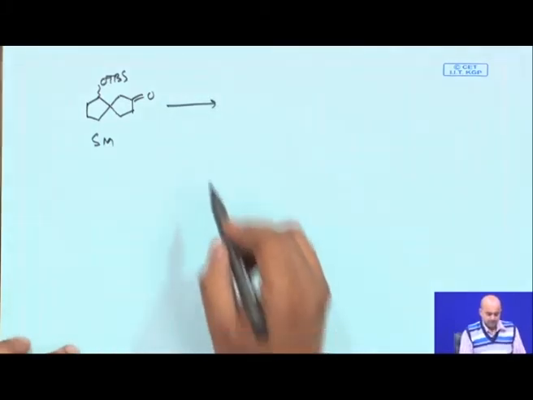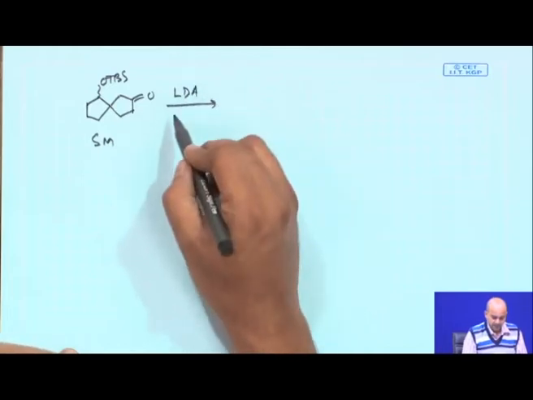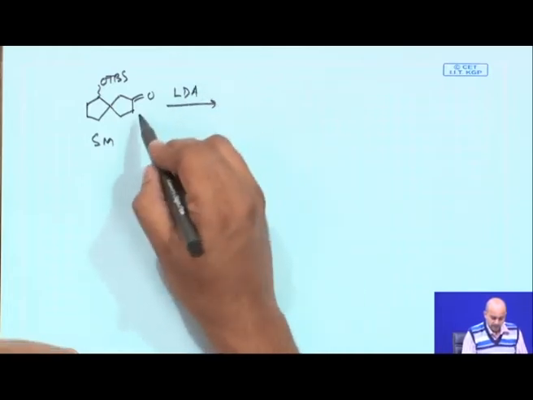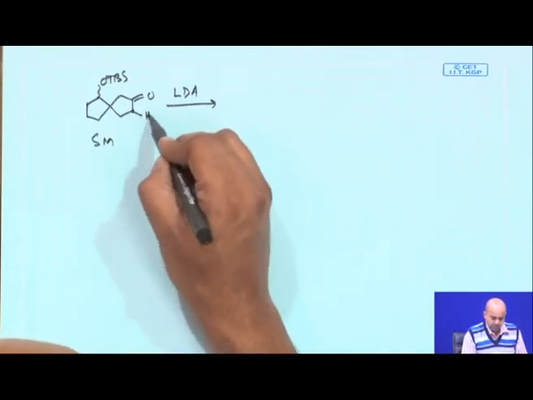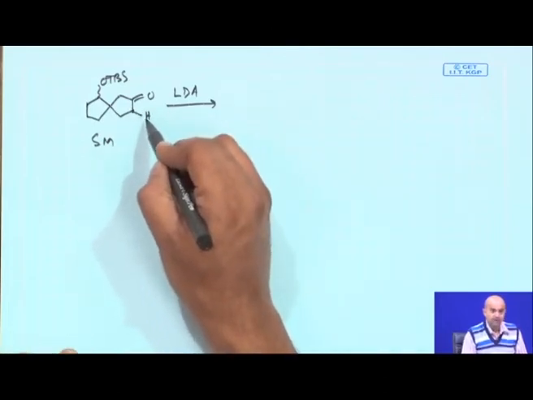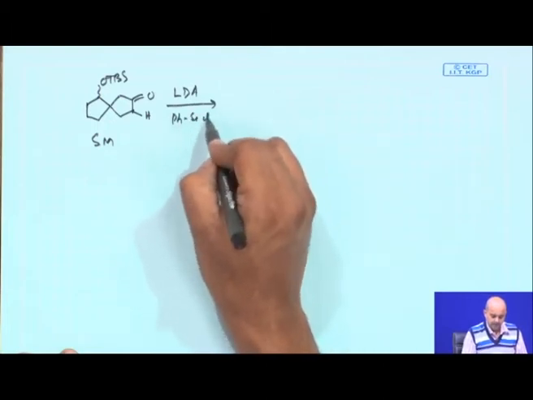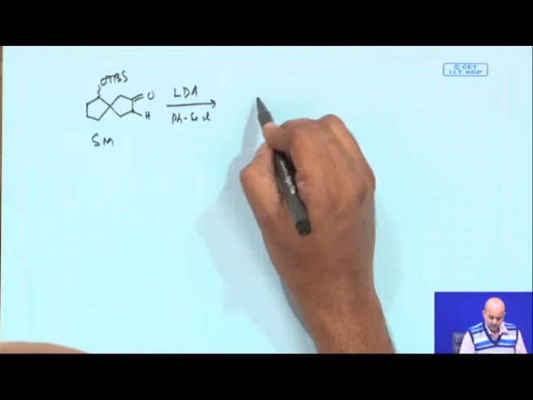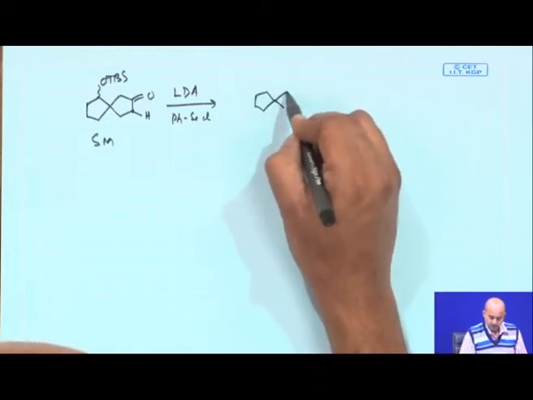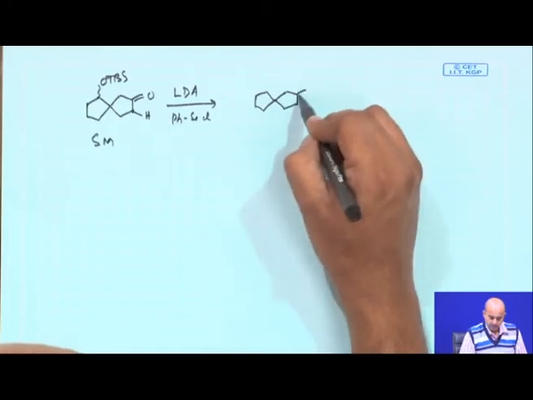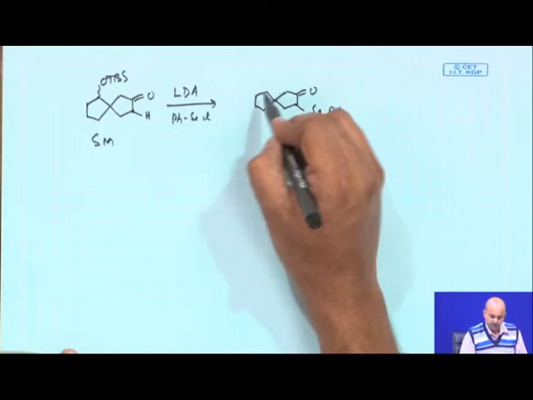Now, I say I will be using LDA. LDA basically will pick up this hydrogen, which is kinetically easily labile, and then you use PhSeCl. So, basically we will get this SePh.